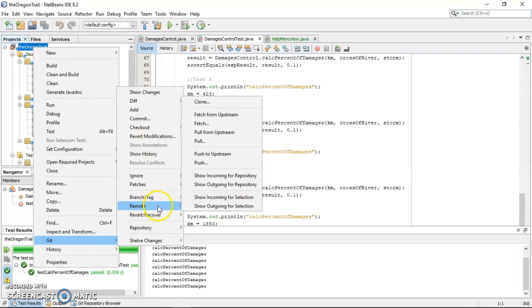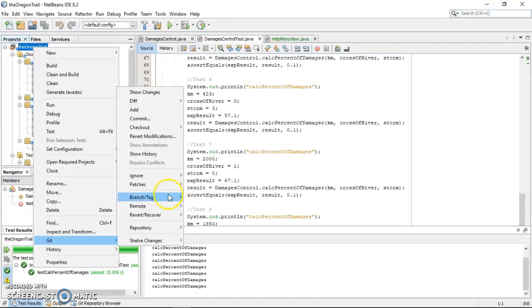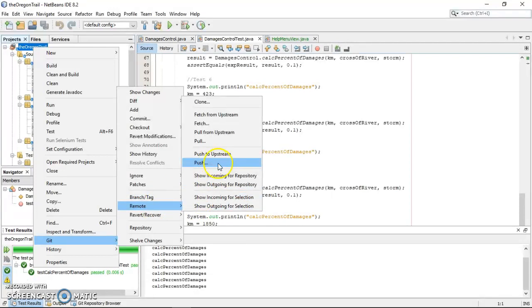Before that, maybe it's important to make a pull. In this case, we obtain every job of the other person, and we see what process they changed, what process they added. After that, we can do work over, and when we finish, we push our job to share with the other people.